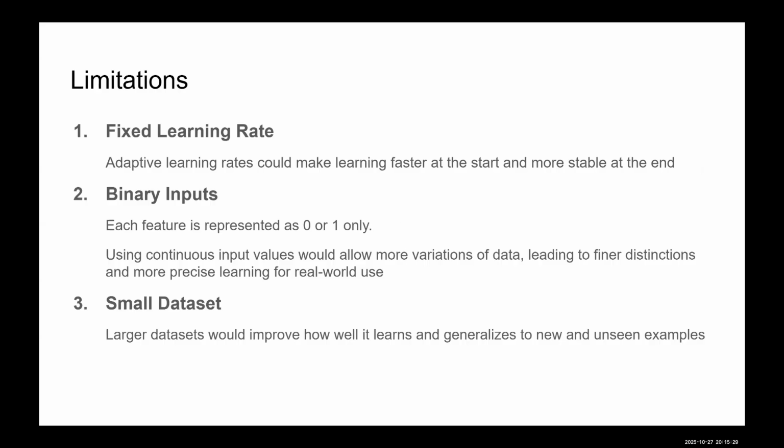If we use scaled or continuous inputs, the perceptron could learn more detailed distinctions between each car, and this would lead to more realistic predictions in the real world. And lastly, we used a small data set. A larger and more varied data set would help the model generalize better and make more accurate predictions for unseen car examples.